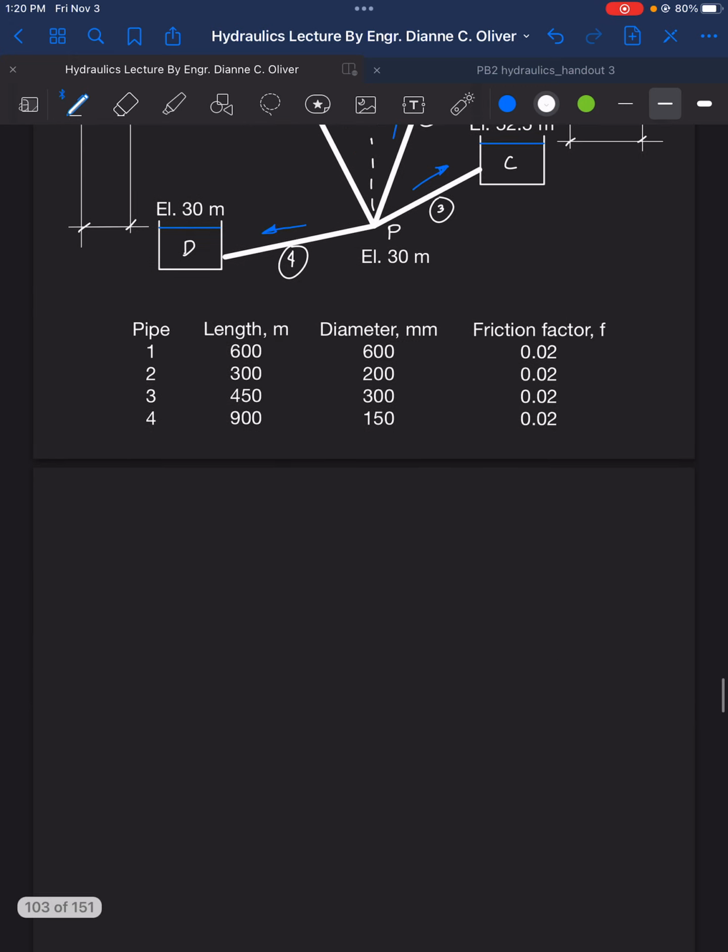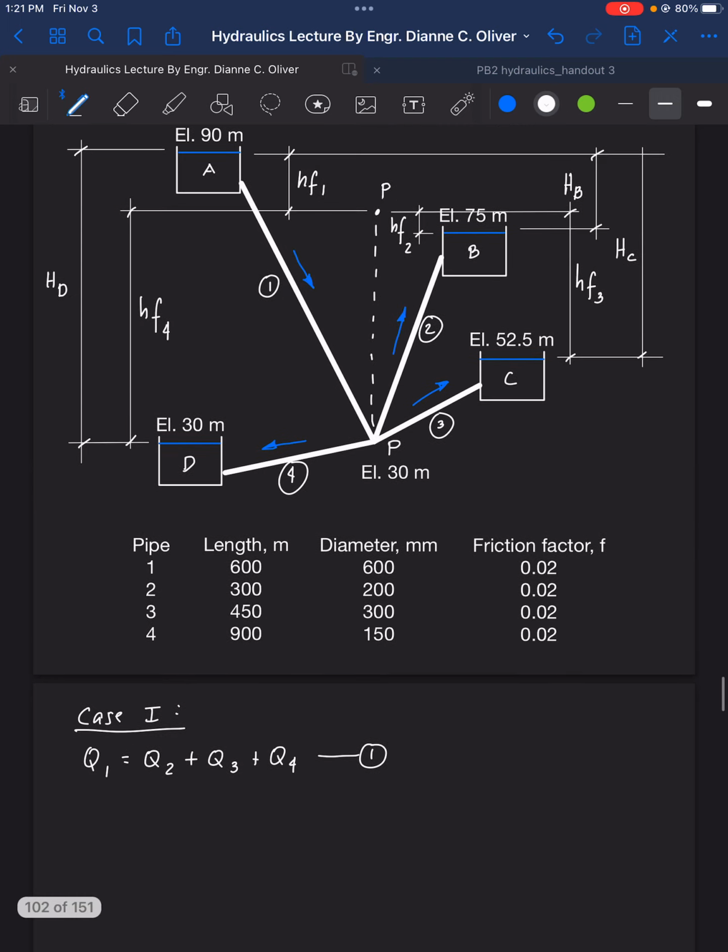Okay, so since this is case 1, wherein Q1 is equal to Q2 plus Q3 plus Q4. And this is our equation number 1. Next, our HB here, which is 90 minus 75, that is 15.